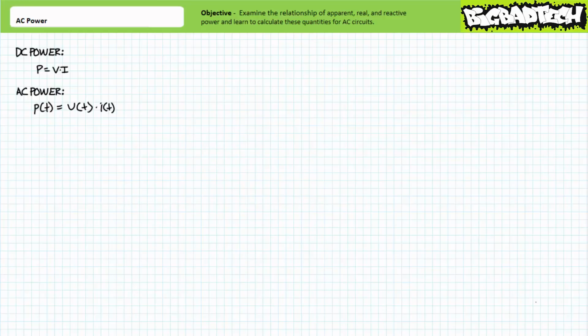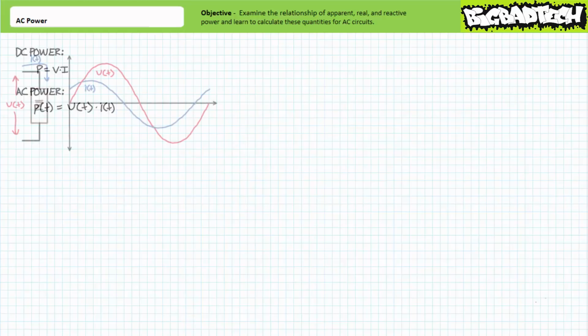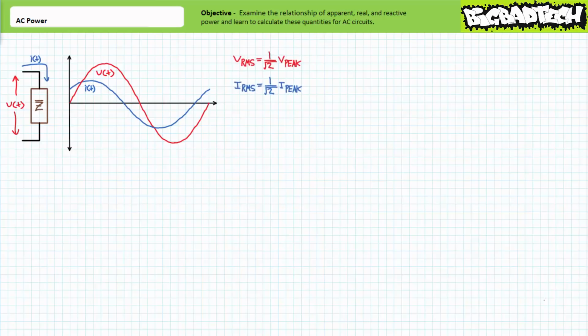Let's just make some observations about some hypothetical scenarios and see if any of these observations are worthy of further inspection. Consider plots of sinusoidal AC voltage across in red and sinusoidal AC current through in blue, an unknown impedance element Z. We're not given specific values, however we can assume voltage has a specific voltage peak and a corresponding effective value, VRMS, as does current have a specific current peak and a corresponding effective value, IRMS.